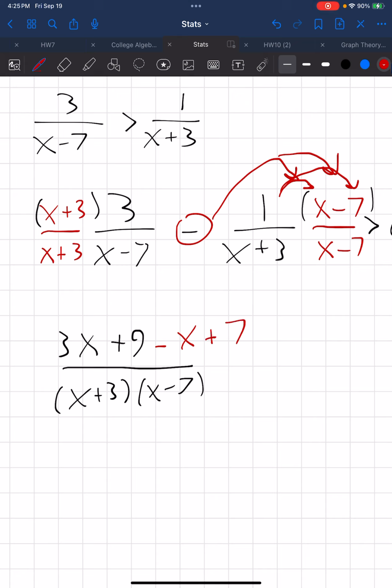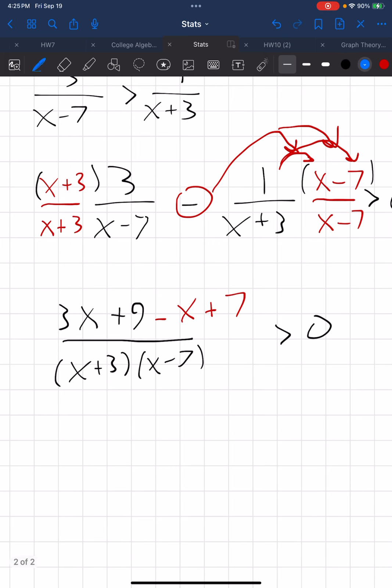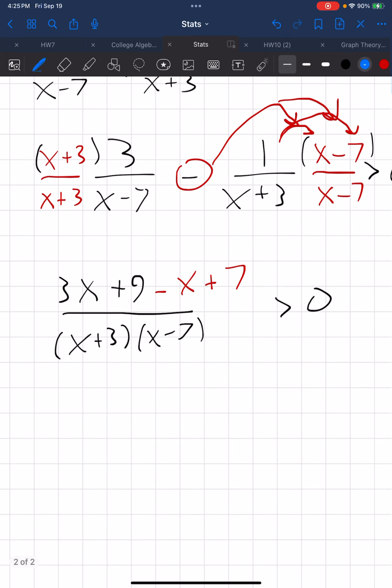I distributed the 1, which didn't do anything, and then distributed the minus sign to both pieces and wrote this as a single fraction. Now, what do we get? 3x minus x gives me 2x, and then 9 plus 7 gives me 16.